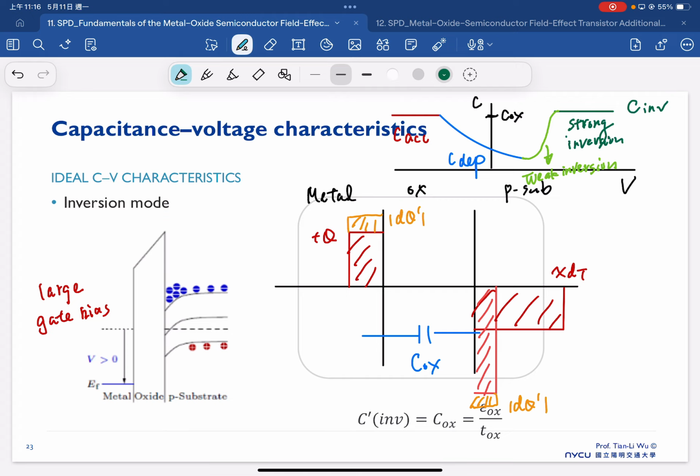So that's a complete picture for the CV characteristic from the negative to the positive bias that we'll experience from the accumulation, depletion, and then the inversion.